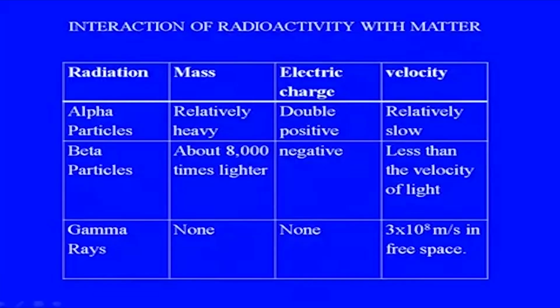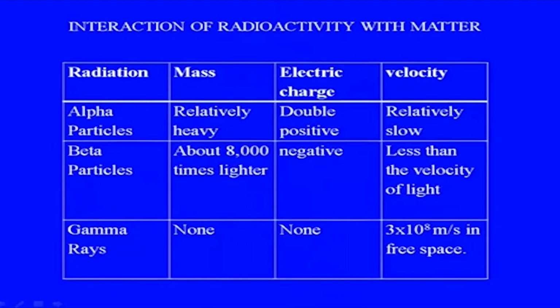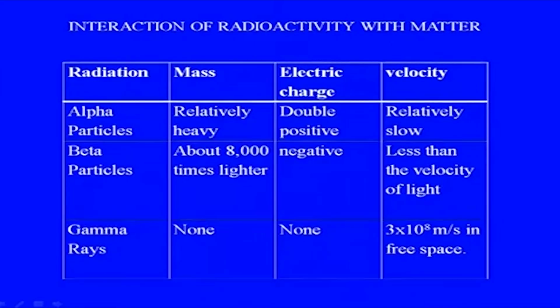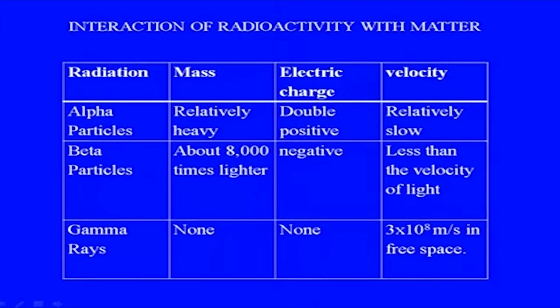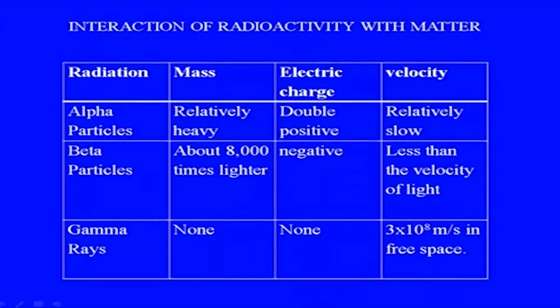Now, alpha particles are relatively heavy. If you can recall, they were doubly positively charged with atomic number 2 and mass number 4. So, they will certainly be relatively slow. Beta particles are much lighter.